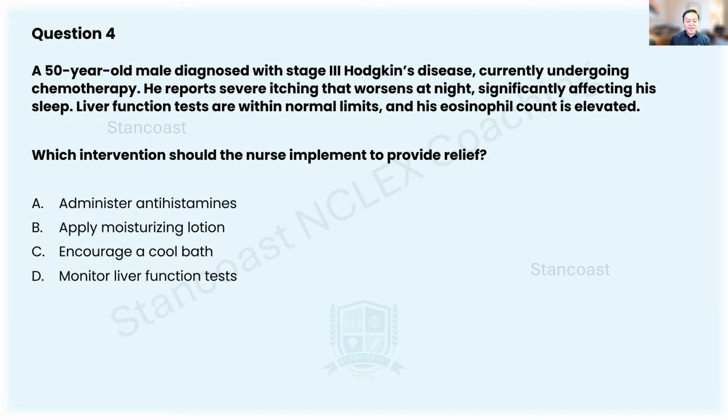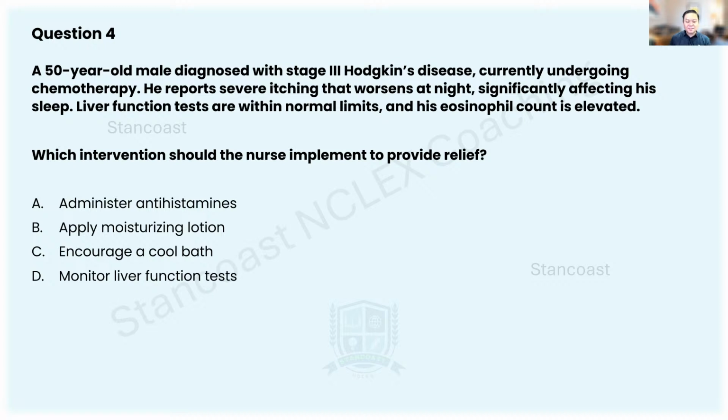Liver function tests are within normal limits, and his eosinophil count is elevated. Which intervention should the nurse implement to provide relief? Is it A, administer antihistamines, B, apply moisturizing lotion, C, encourage a cool bath, D, monitor liver function tests?